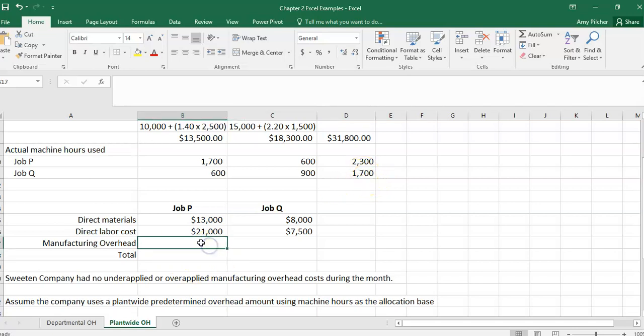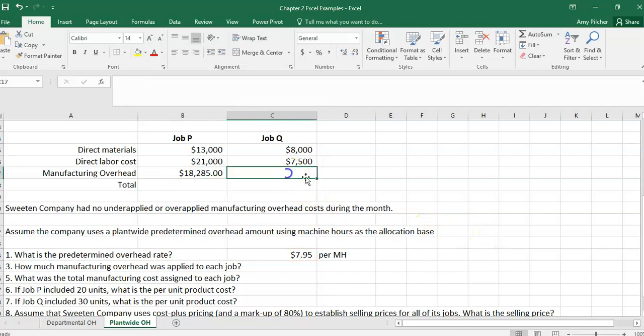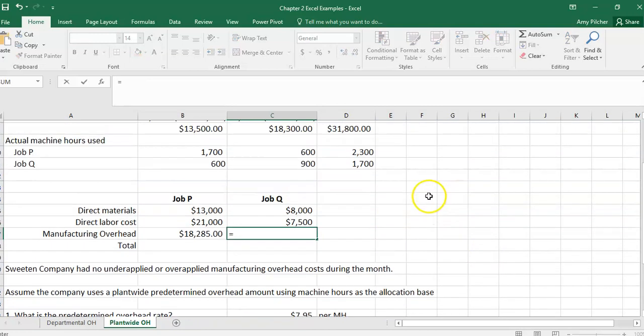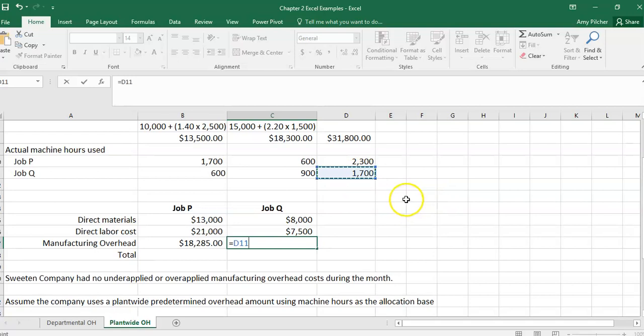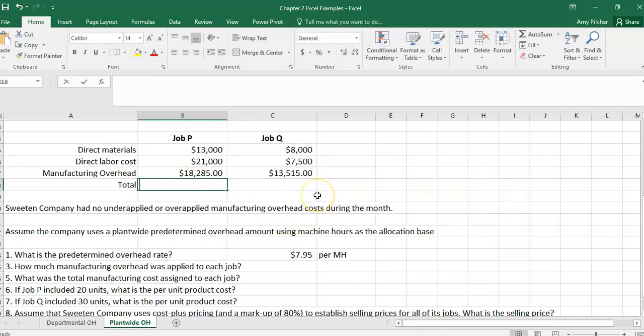So for job P, we take 2,300 machine hours times our rate of $7.95 per machine hour. And for job Q, 1,700 hours times our rate of $7.95 per hour.